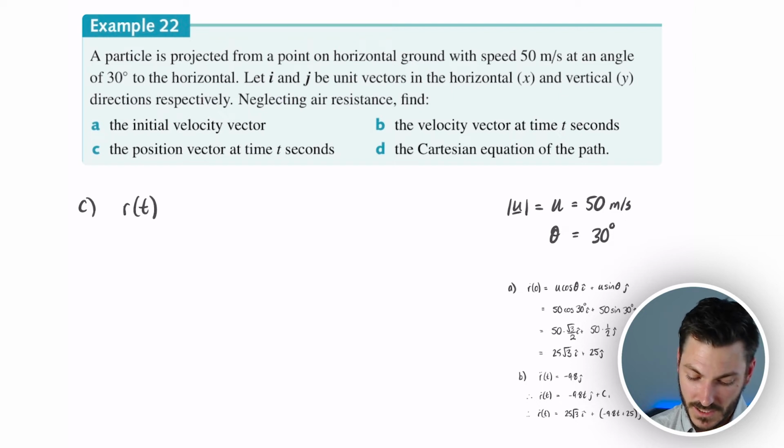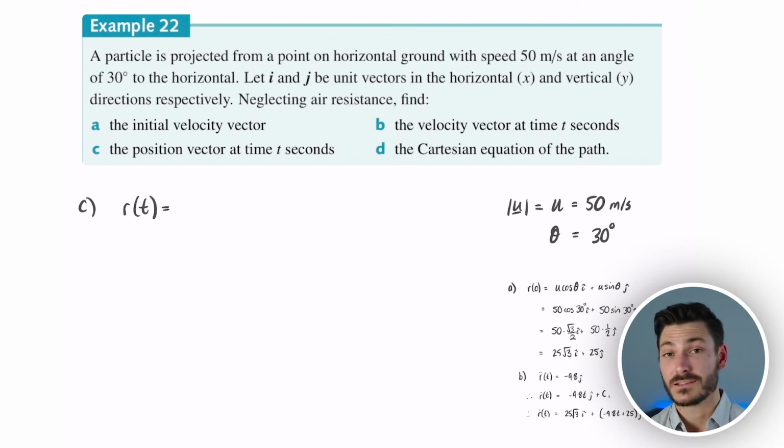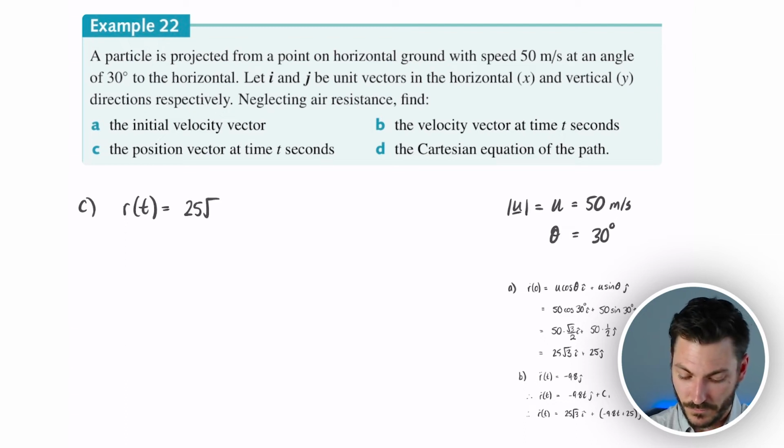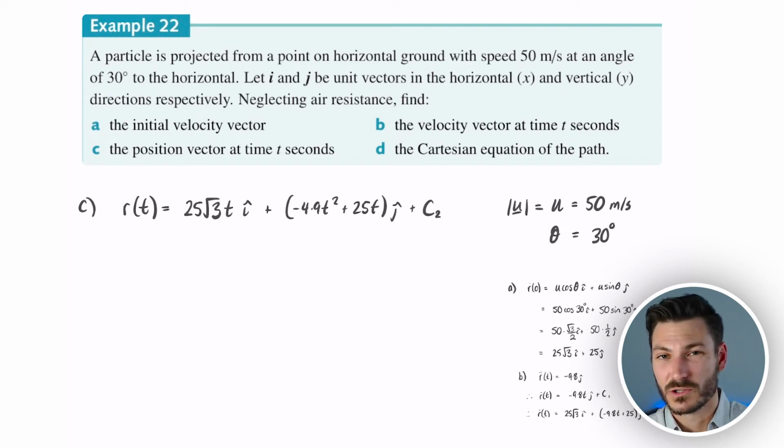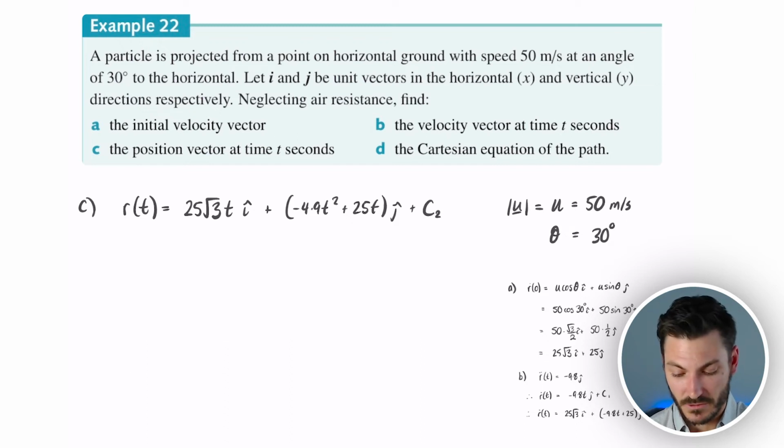So r of t is going to equal the integral of the velocity function, which is 25 root 3 t in the i direction, plus negative 4.9 t squared plus 25t in the j direction. Now we have the constant of integration, C2, but I'm going to assume again that it's projected from the origin and, not having more information than that, say that C2 must be 0. I have considered it, I'm just taking it to be 0.